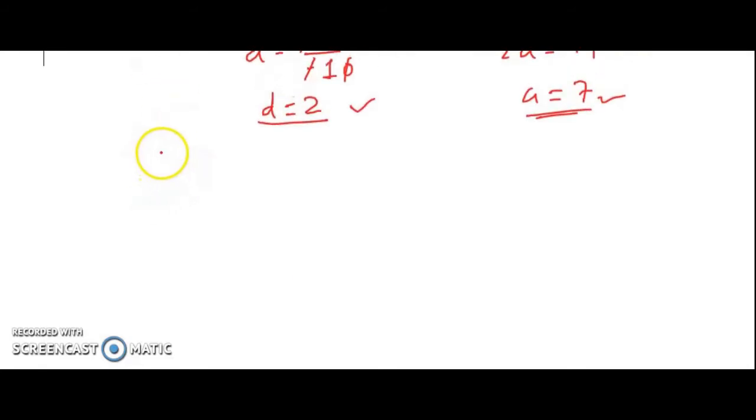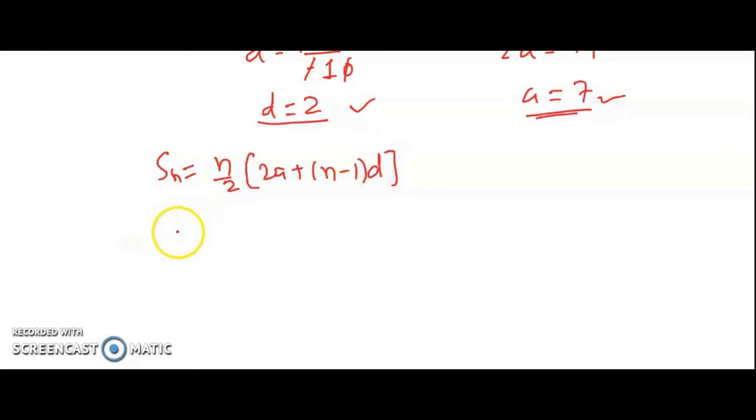Now we want to find the formula for Sn. Sn equal to n by 2 into the bracket 2a plus n minus 1 d. n will remain as it is.